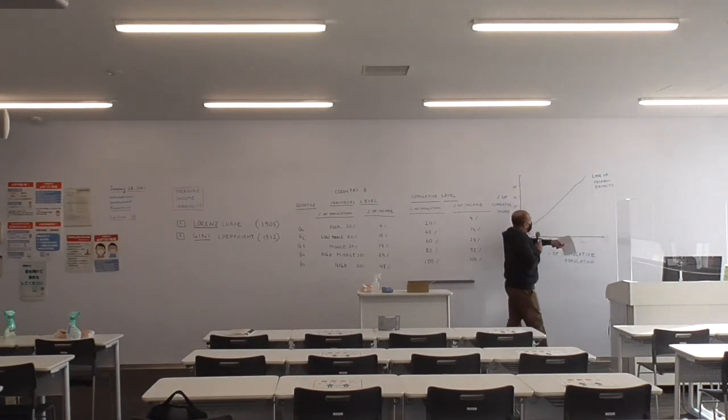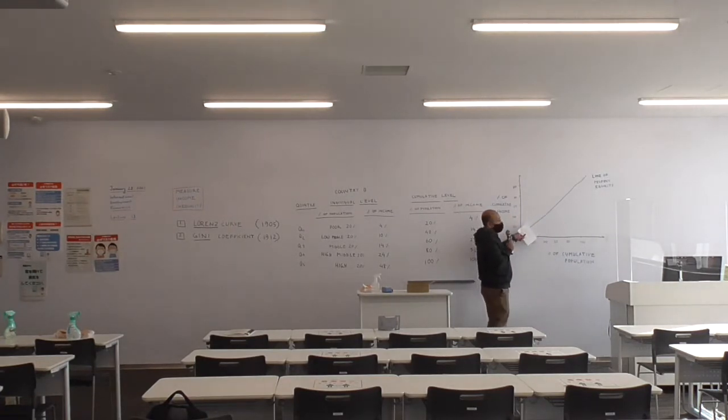It means that if a country is on this line, then their percentage of the cumulative population and the percentage of income are exactly the same, right?